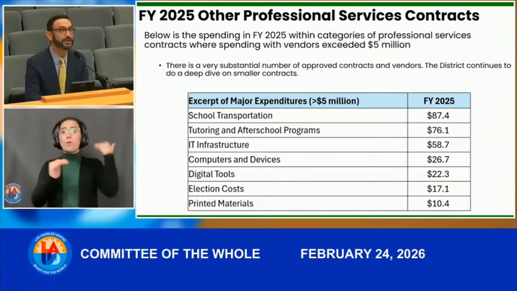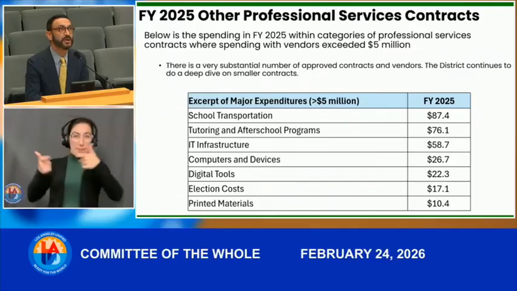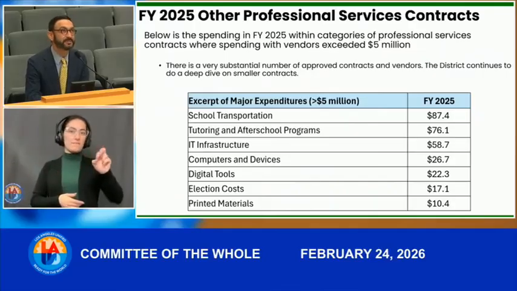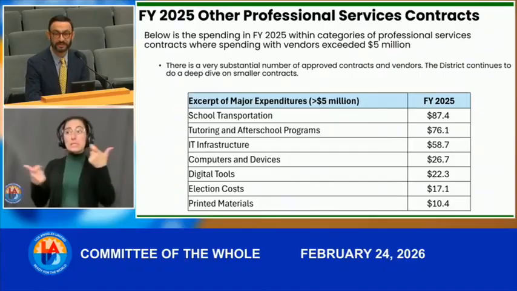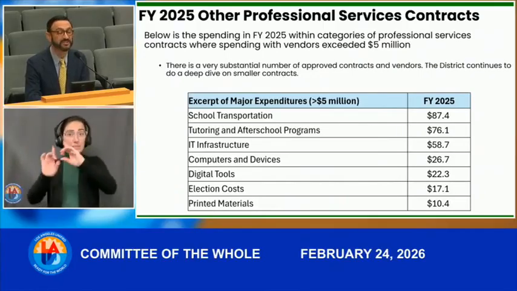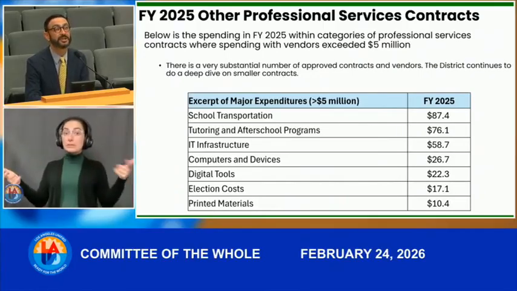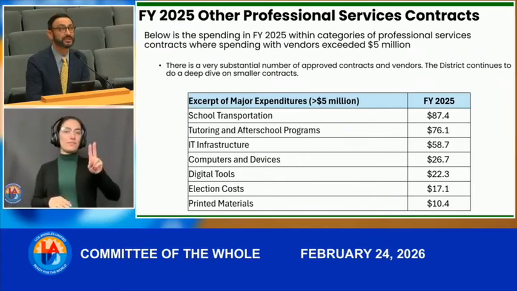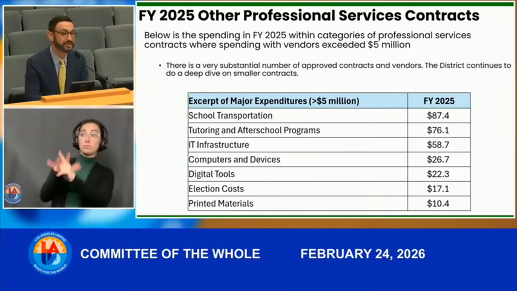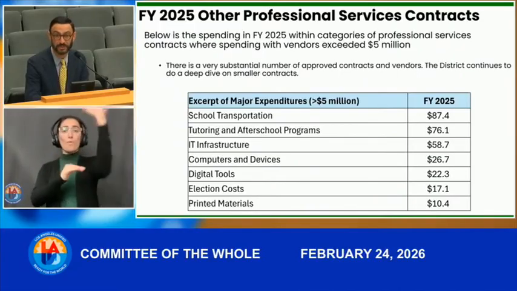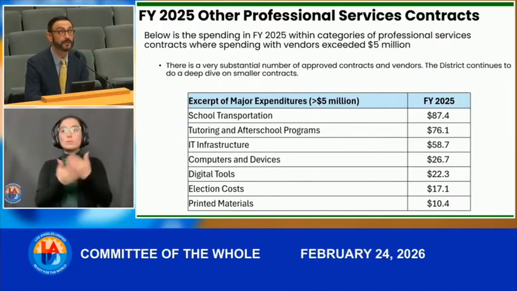So these are the major vendors. There are a very substantial number of approved contracts and vendors. For a district our size, we have several different vendors, some summarized here where our expenditures exceed $5 million, but also some where the expenditure levels are much smaller.